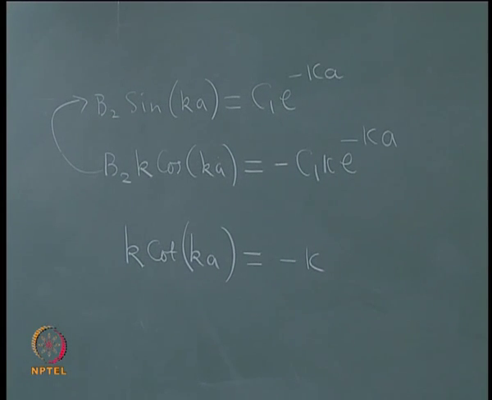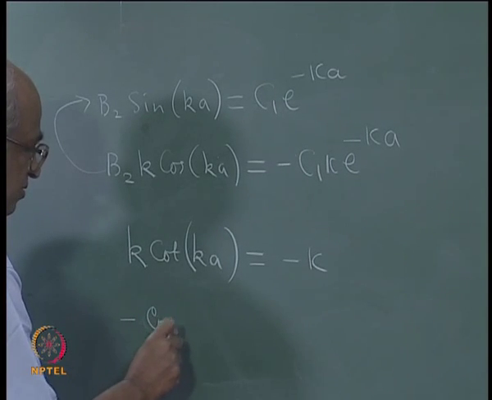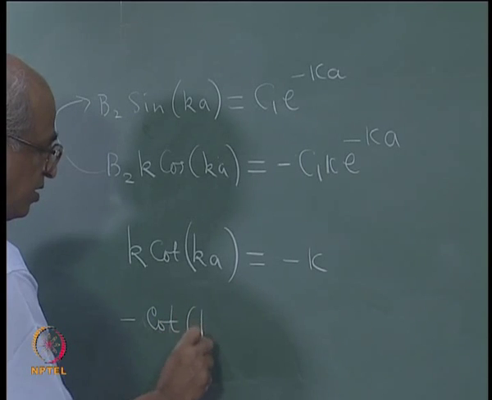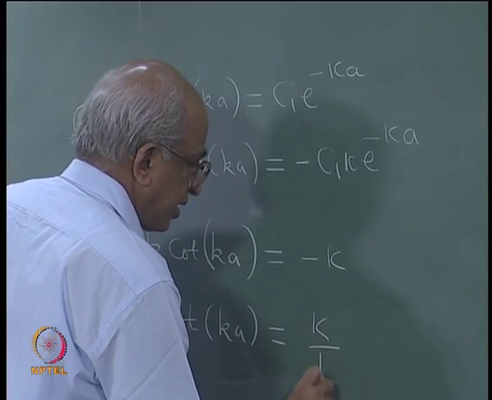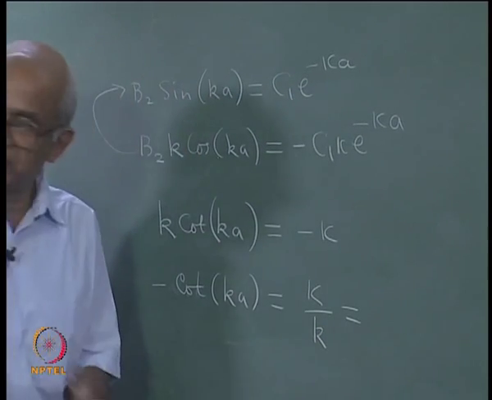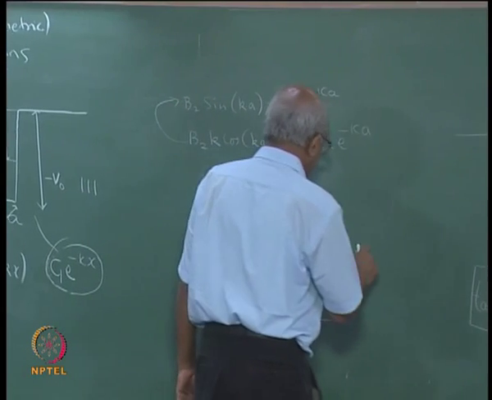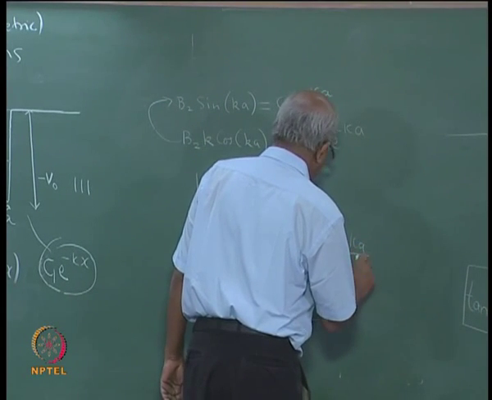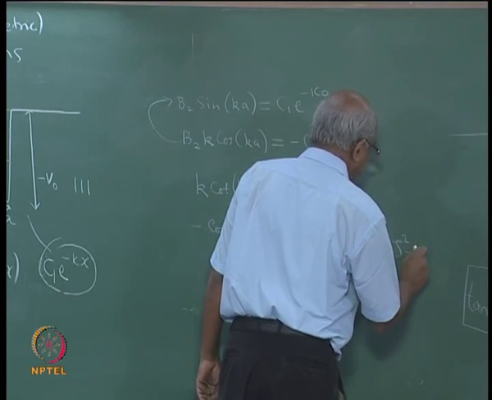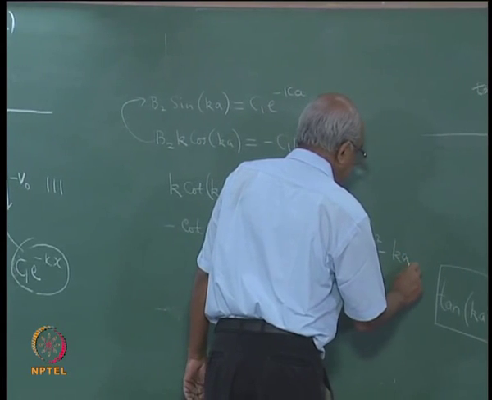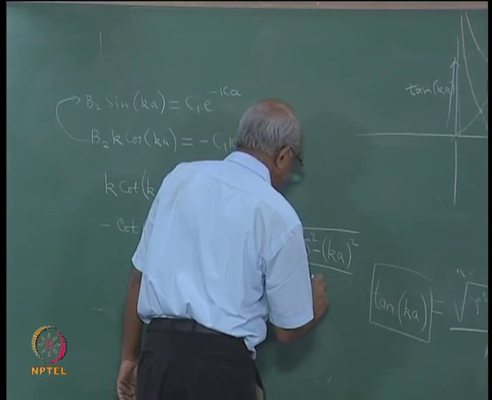That is the result that you will get, which I can rearrange as minus cot Ka is equal to kappa by k, and you remember the manipulations that we did earlier. Kappa by k can be written as kappa a by Ka, which may be written as square root of zeta square minus Ka square, divided by Ka.